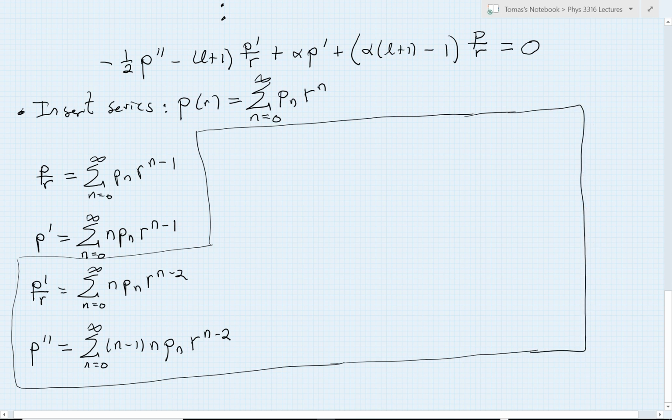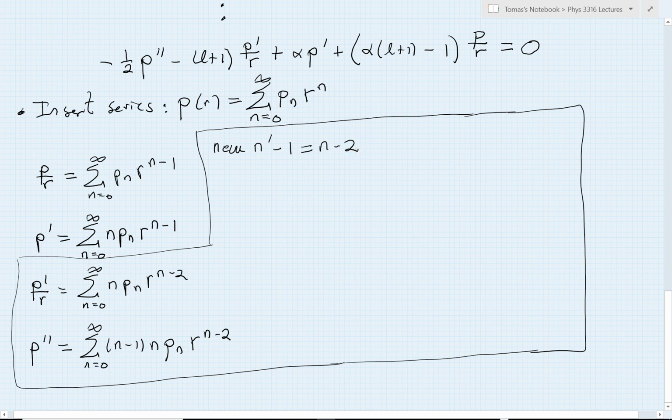I would really like this n minus 2 to match n minus 1. So to allow that to happen, I'm going to change my summation variables. It's very much like changing your integration variable. To be very specific, I want to pick a new variable, the new n, which I will call n prime. And I want it to be so that this new n prime minus 1 will look just like the old original n minus 2.